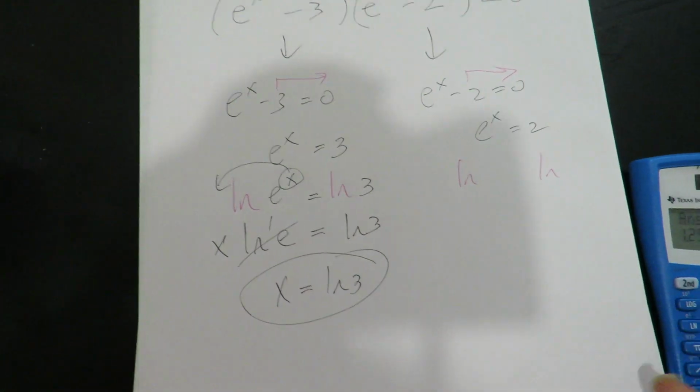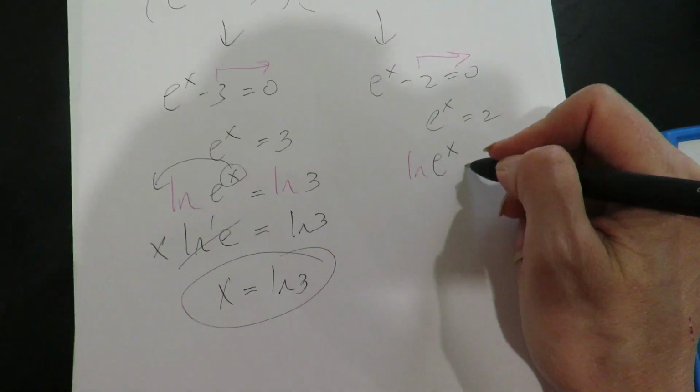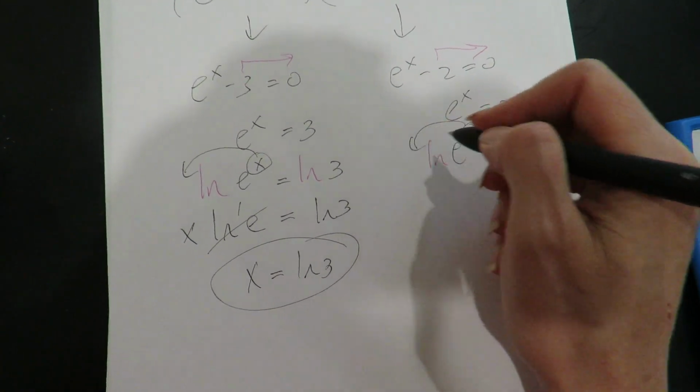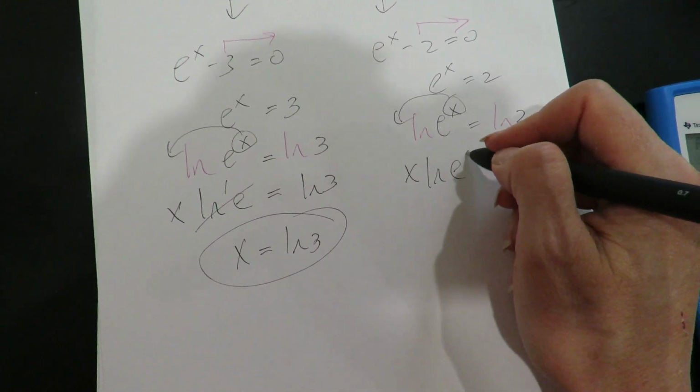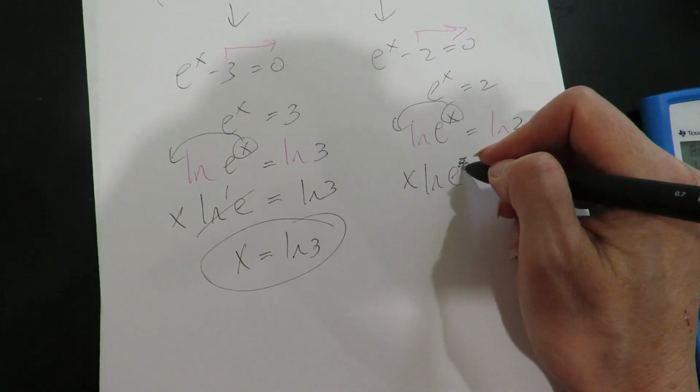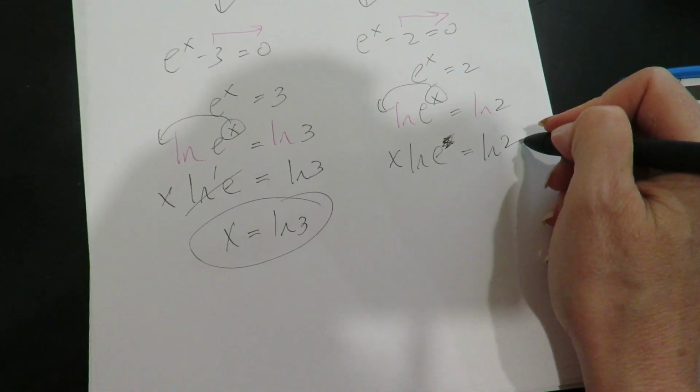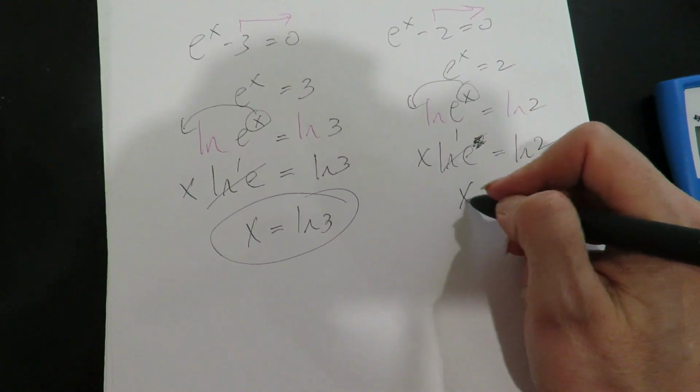Okay, that's the exact answer. I'll do the calculator in a minute on it. Same thing here. You bring the x down. ln of e is 1.